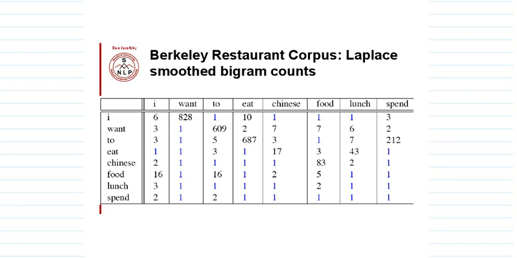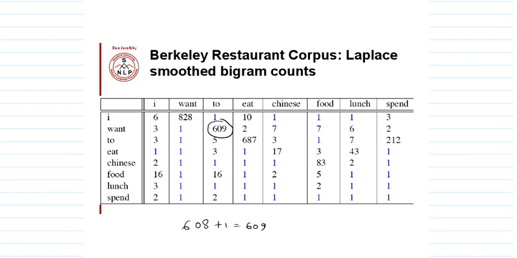So for this bigram, suppose I am considering want 2. The count of want 2 is increased from 608 plus 1 to 609, right? And the count of the preceding word is want.